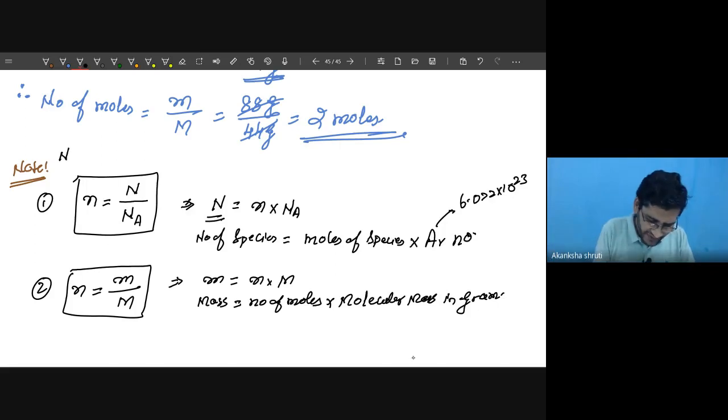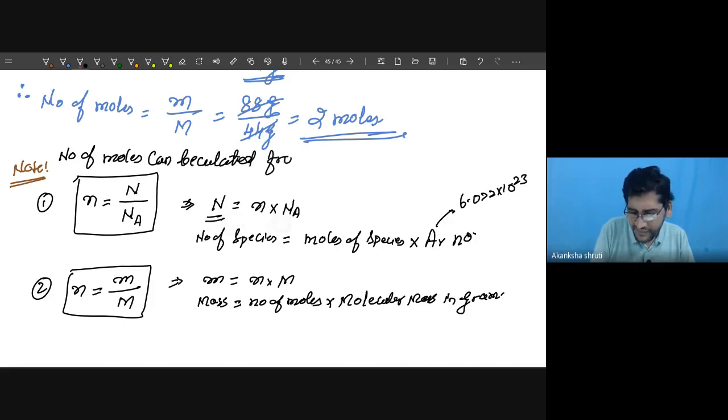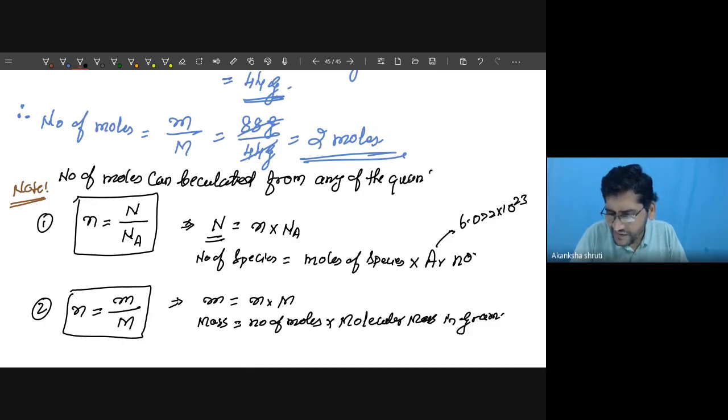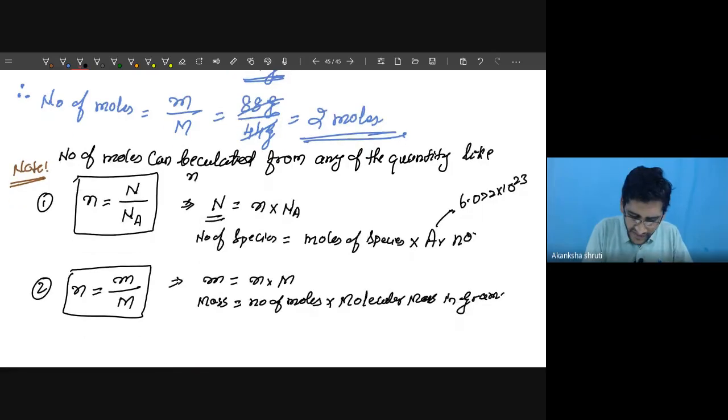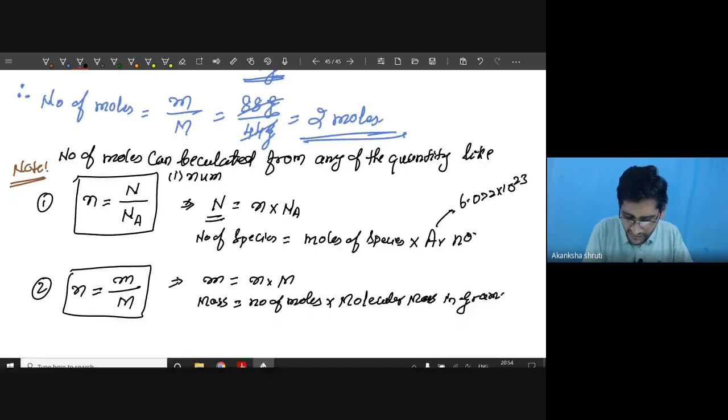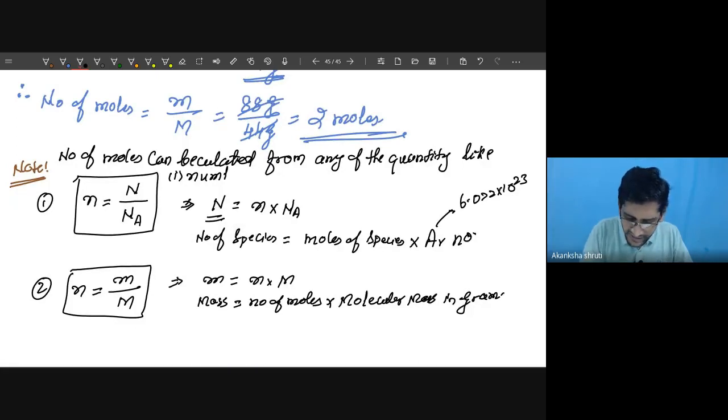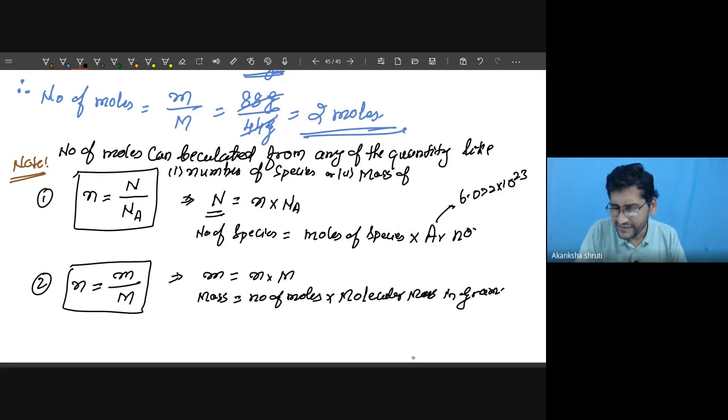We shall write here: number of moles can be calculated from any of the quantity, like the number of particles, which may be given in terms of number of species or particles, or it may be given in terms of mass of particles.